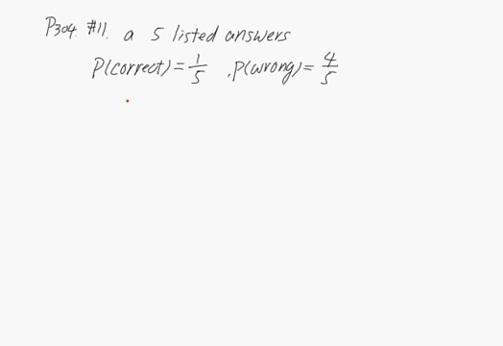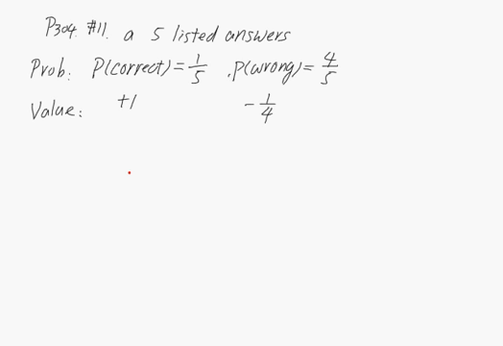Now what is the value of a correct answer? +1. The problem says the value of a correct answer is +1. So this is the probability, and this is the value. And the value of the wrong answers is -1/4.